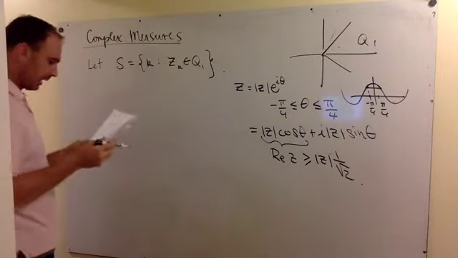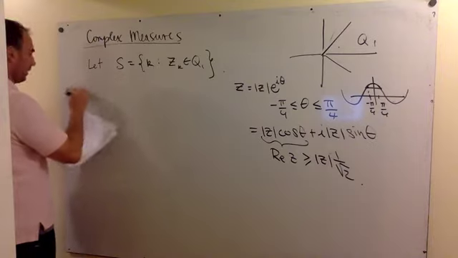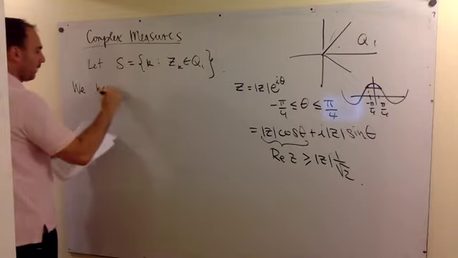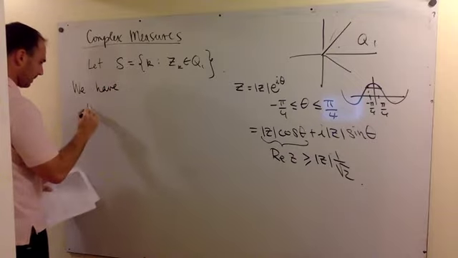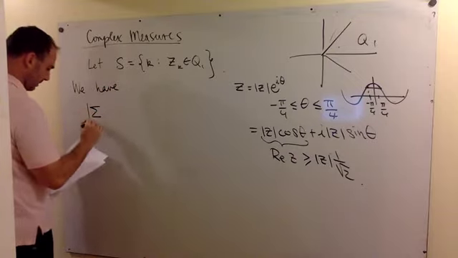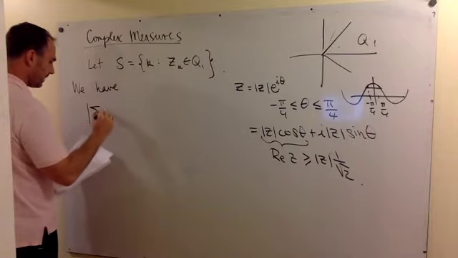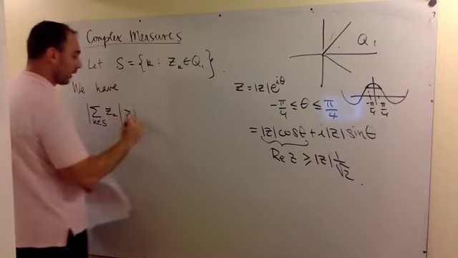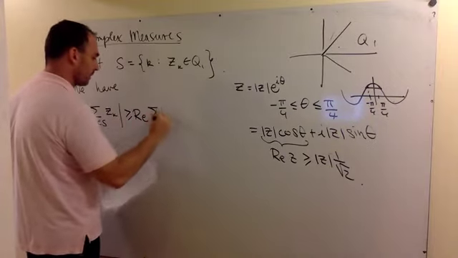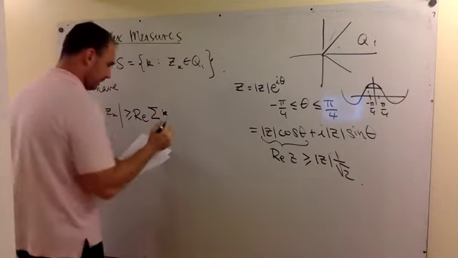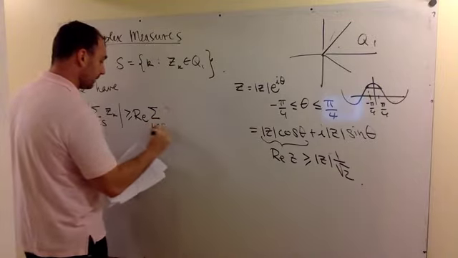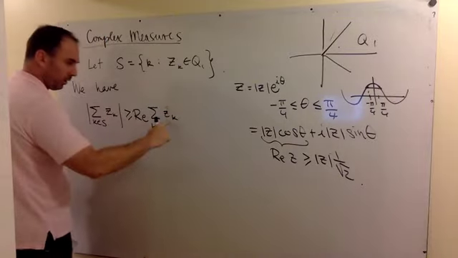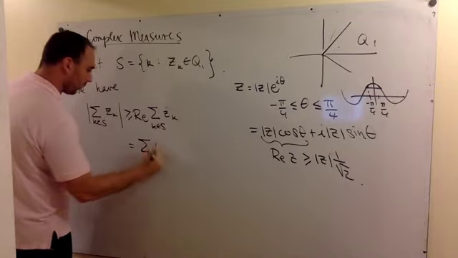So, how do we do this? Well, we have the sum over k in S of |zk|. Well, this is certainly greater than the real part of the sum over k in S of zk. Okay, and that's equal to the sum of the real parts, since the real part of a sum of a bunch of numbers is the sum of the real parts.